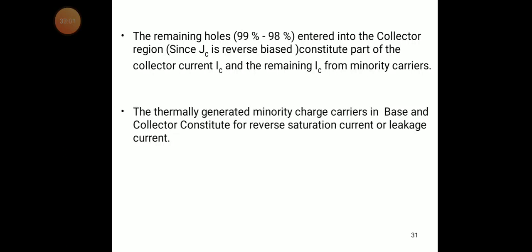The thermally generated minority charge carriers in base and collector constitute the reverse saturation current or leakage current ICBO at the collector junction, even without forward bias at the emitter junction.